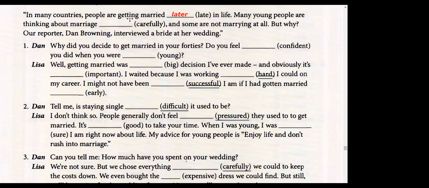Why did you decide to get married in your 40s? Do you feel more confident? What do you think? Agree. More confident than you did when you were younger. Perfect.